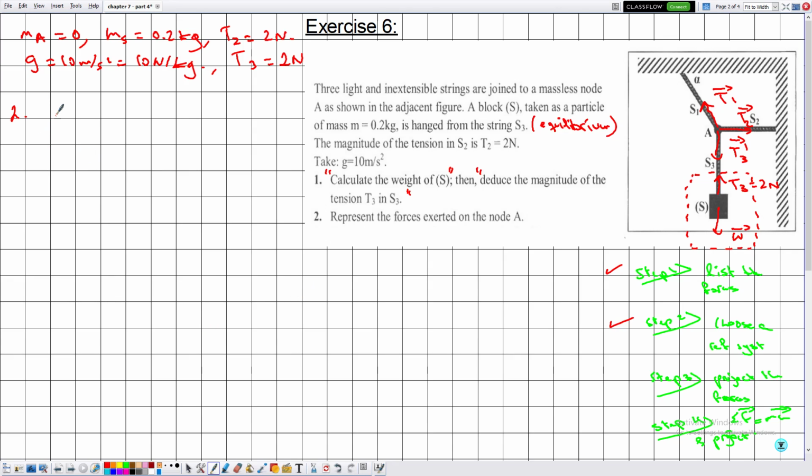We have the tension T1, tension T2, and tension T'3, and let's represent these forces. So we're done with also step number 1.